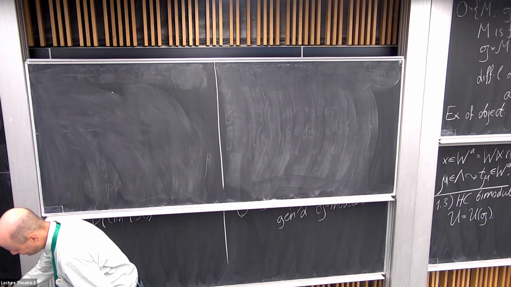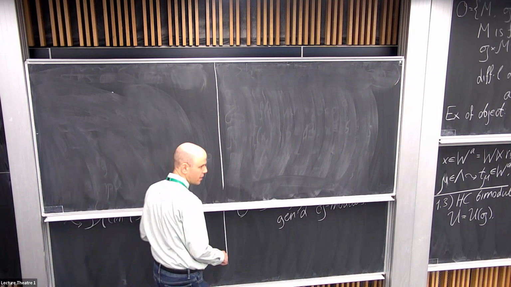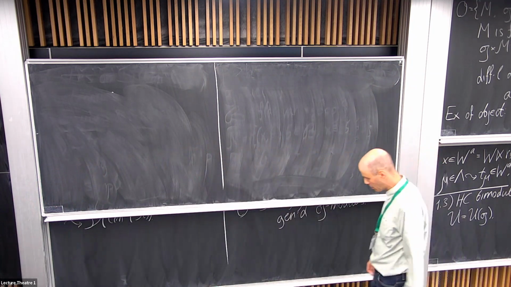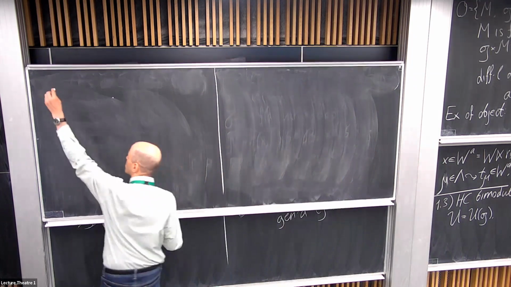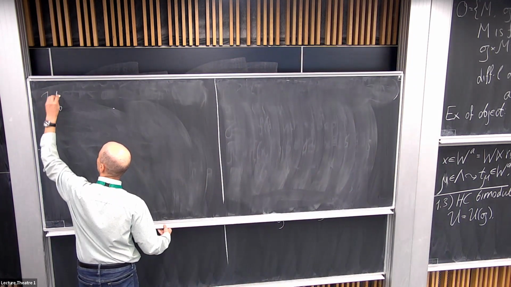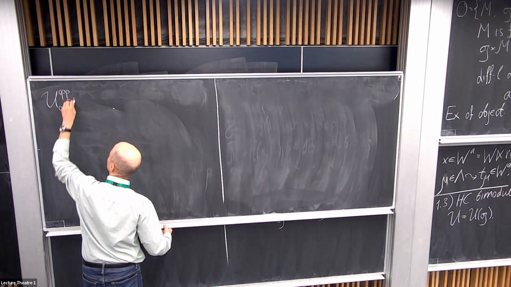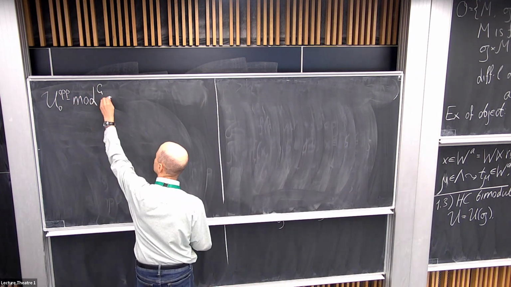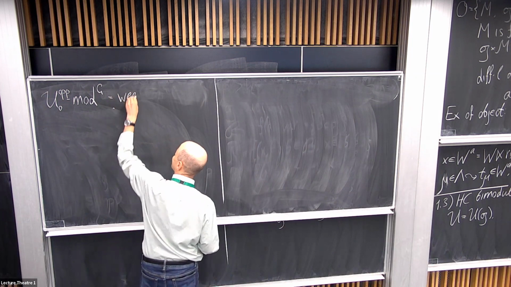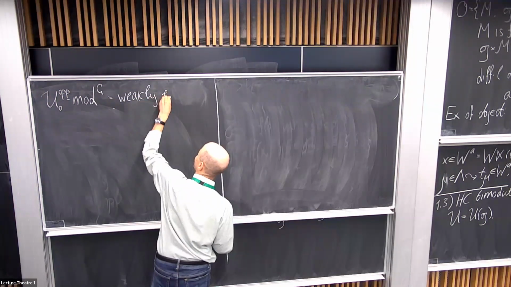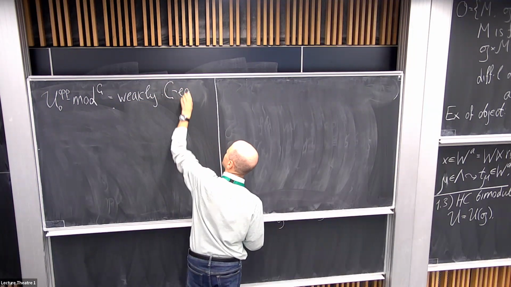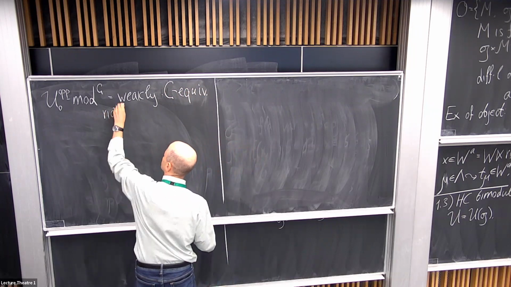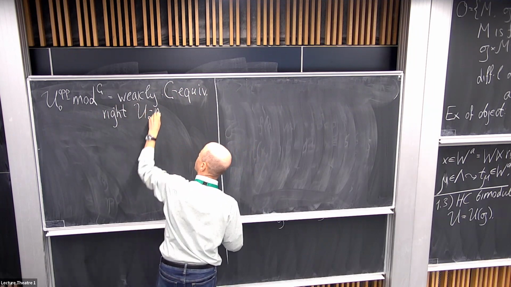And so, again, I first introduce a somewhat larger category than what I want to deal with. This is going to be a category which I'm going to denote by U0 opposite mod G. And in English, this is going to be weakly G equivariant right modules of this quotient U0.